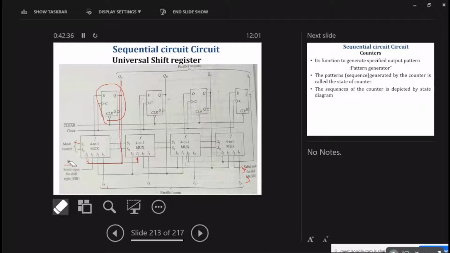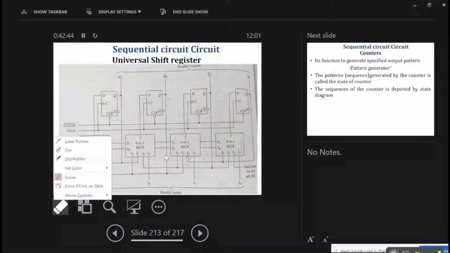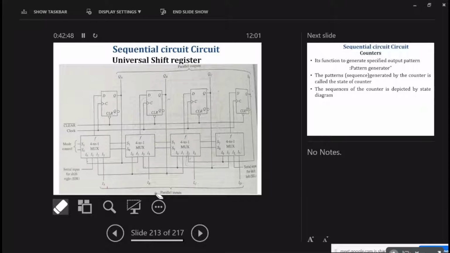So what will happen? Suppose you want to input data parallelly and take data parallelly.